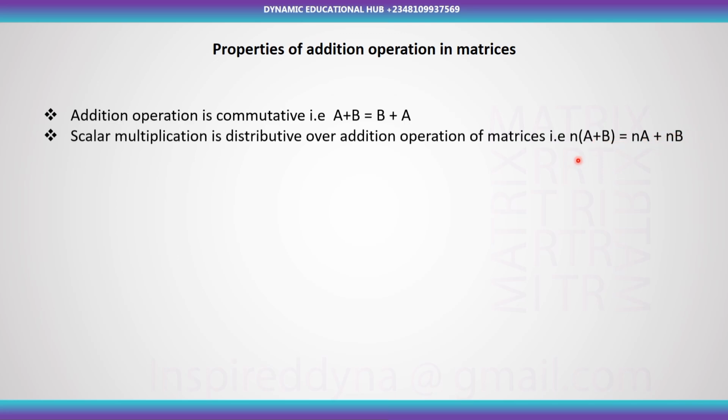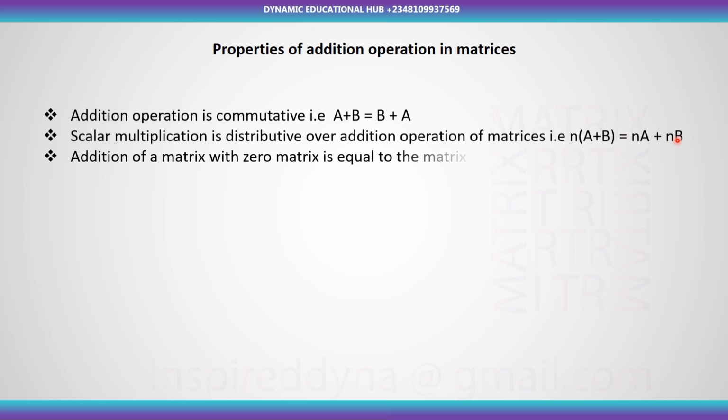So we can have n open bracket a plus b is still the same thing as na plus nb. You still get the same answer. Either you add them together and use n to expand, or you do it this way, you still get the same answer. That is scalar multiplication is distributive over addition operation.